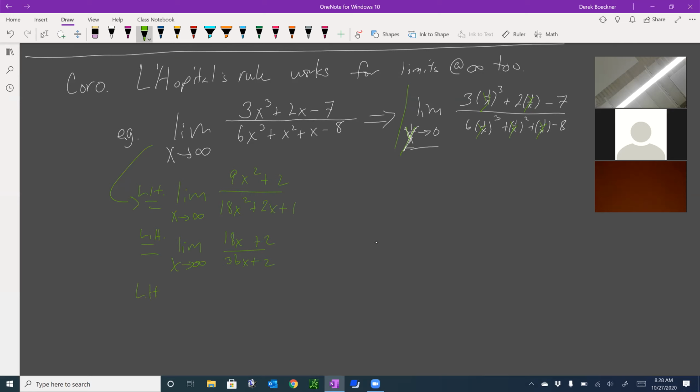So you use L'Hopital's rule again, and you get the limit of 18 over 36, which is 1/2. Because this is such an easy one, you just know that you take the leading terms and divide the coefficients, and you still get 1/2. Right? But L'Hopital's rule lets you do that here.